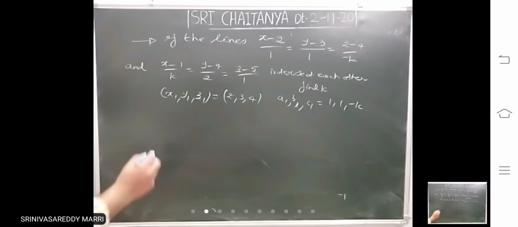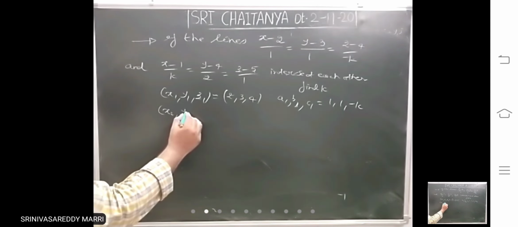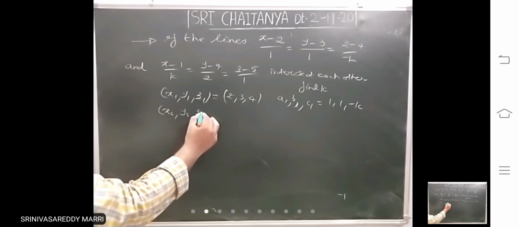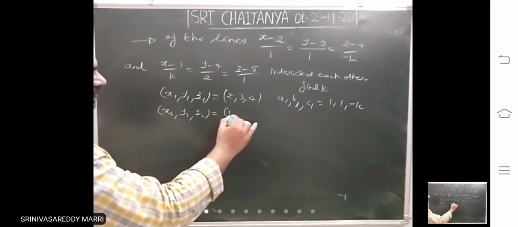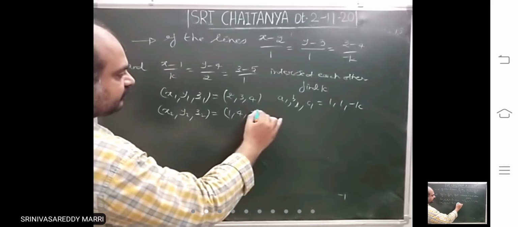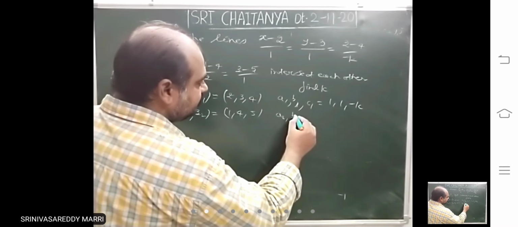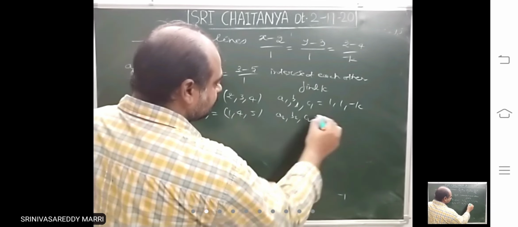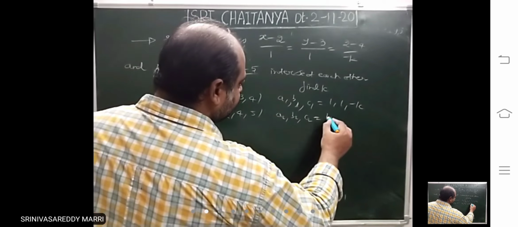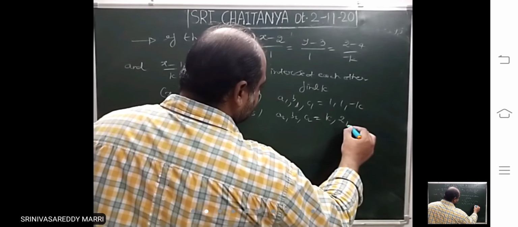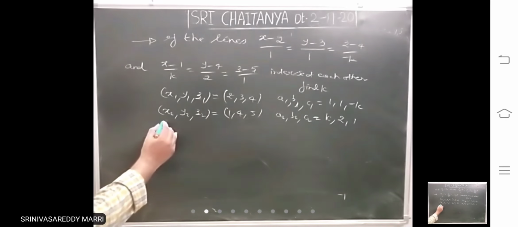Similarly for the second line, x2, y2, z2 is the point 1, 4, 5. For the second line the DRs a2, b2, c2 are k, 2, 1.